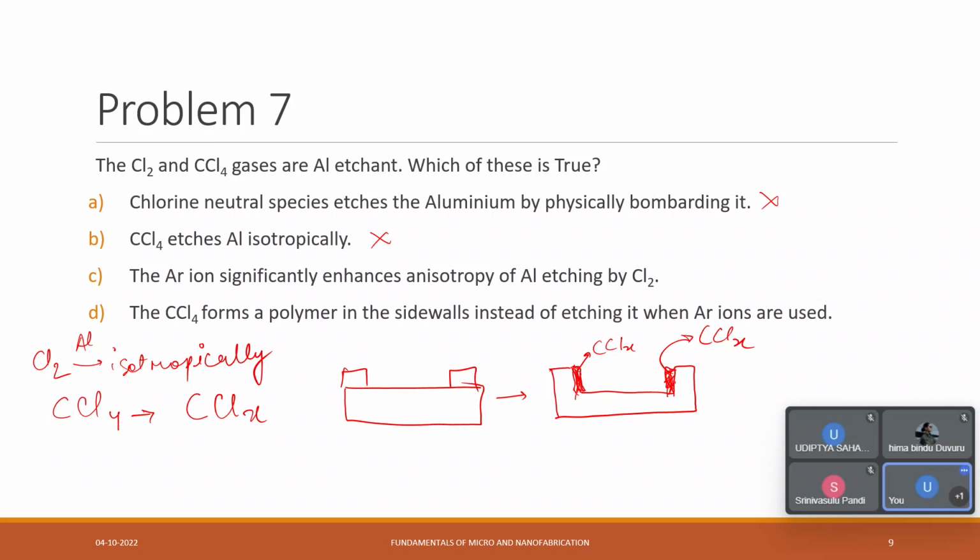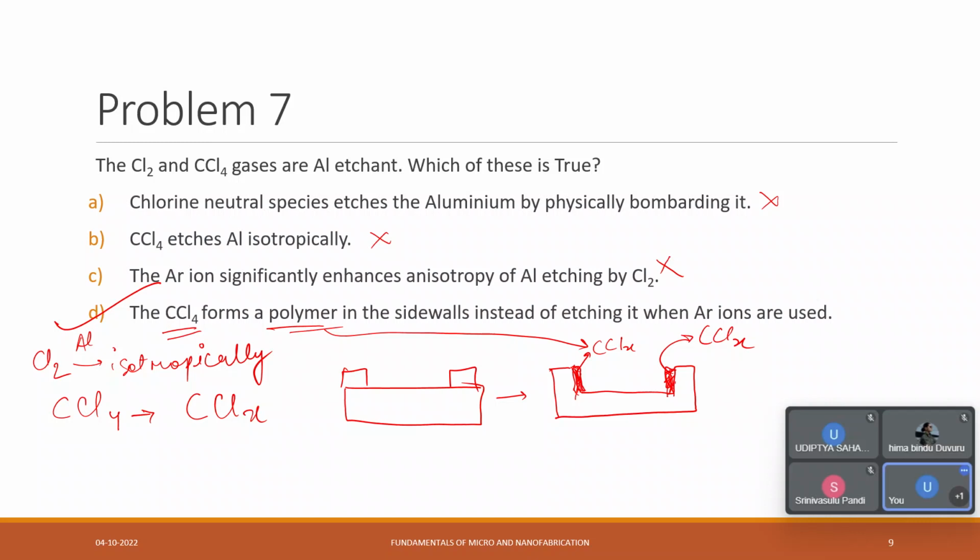No, because they don't form this kind of polymers there, and that's why it doesn't enhance any anisotropy. Only in the form of CCl4 we get a polymer on the side walls, and that results in such directional etching. So this is the correct one.